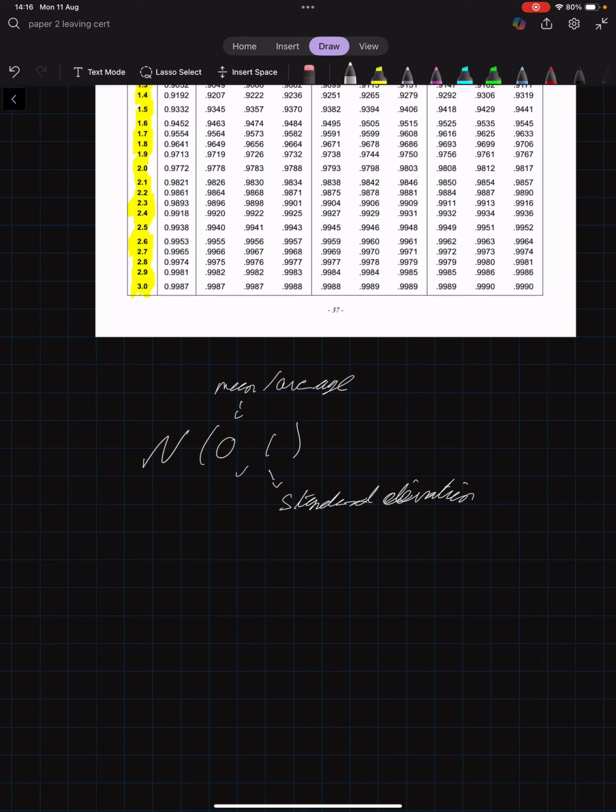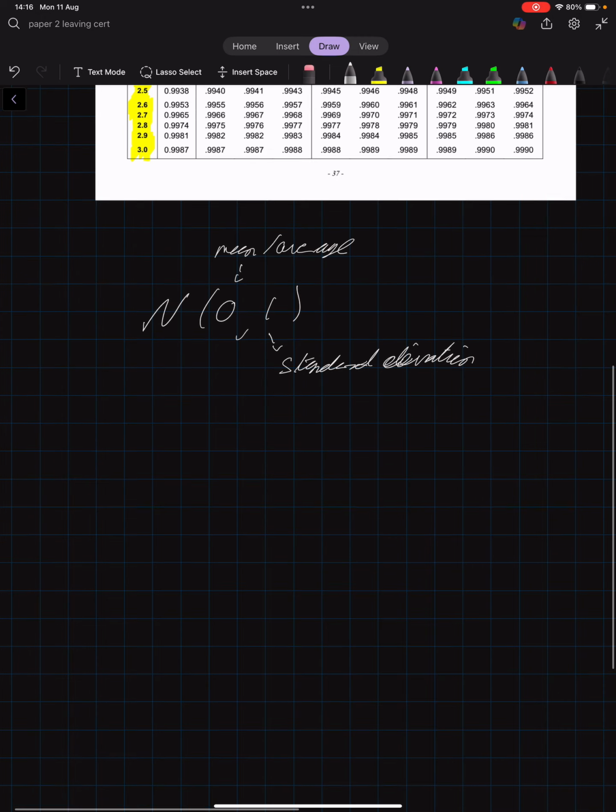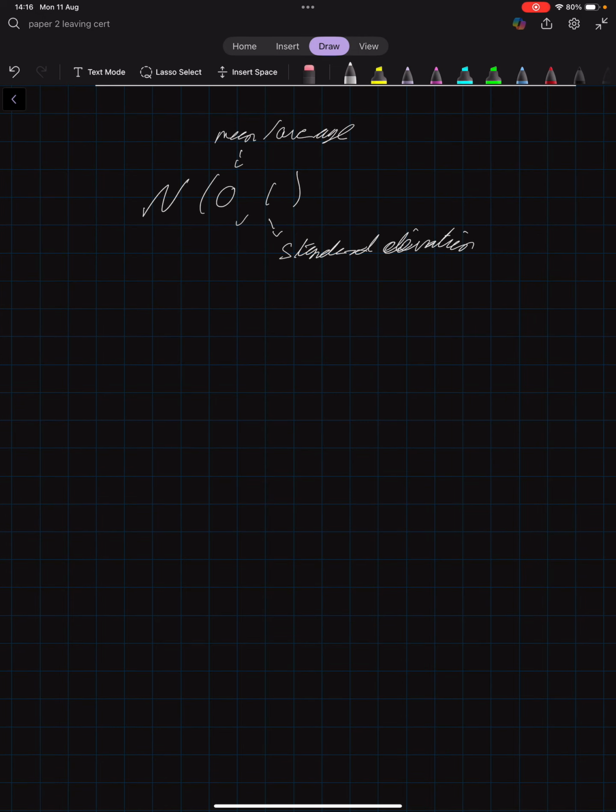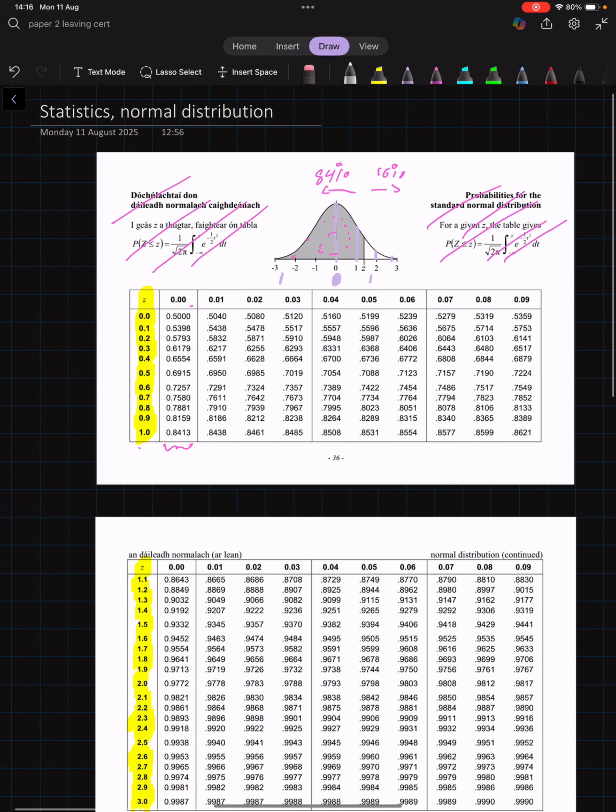I'll explain in a second what that is. For now, it's normally distributed with 0 and 1, which is just this thing up here.